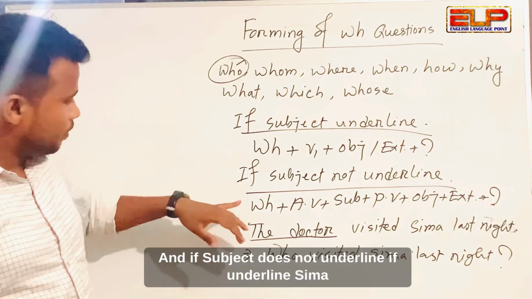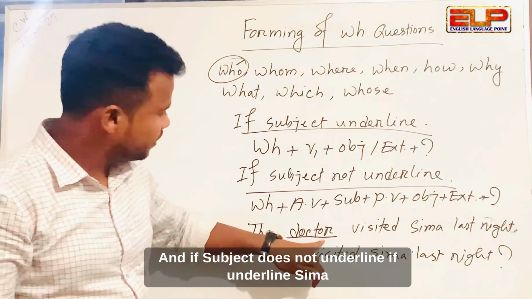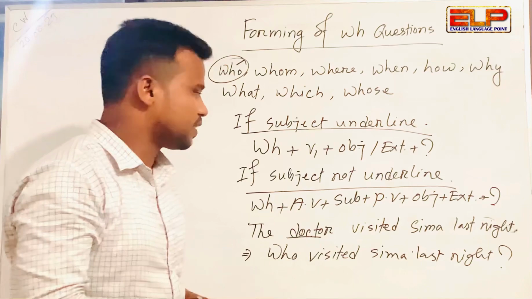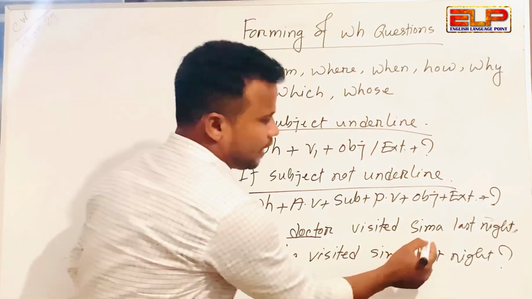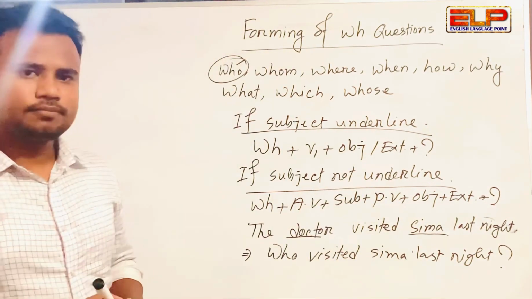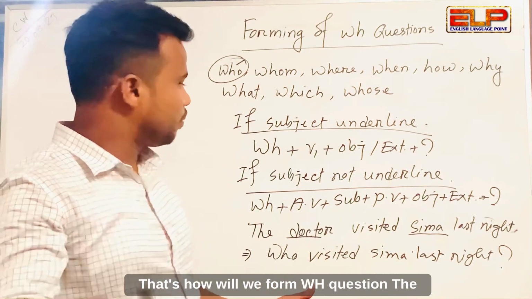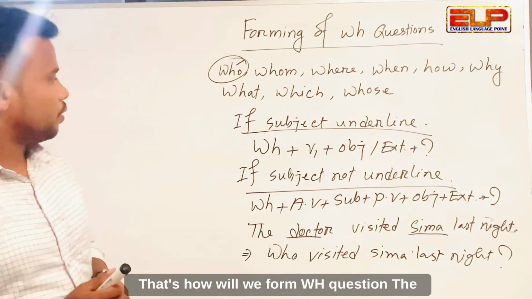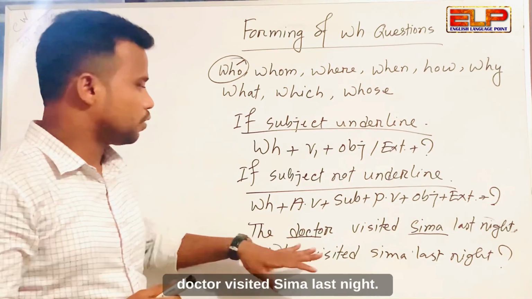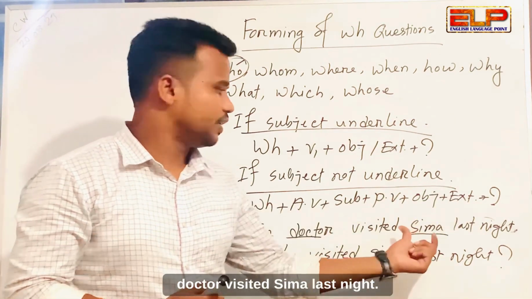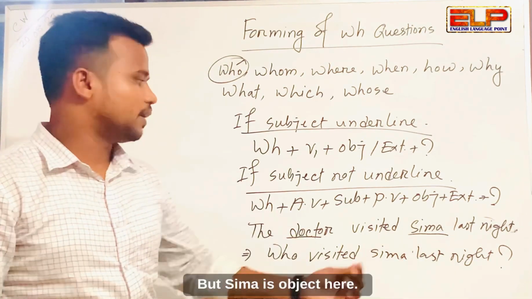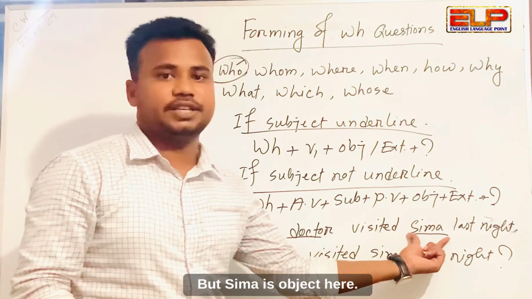And if the subject is not underlined, if Shima is underlined, then how will we form this WH question? Here the doctor visited Shima last night. Shima is a person also, but Shima is an object here.